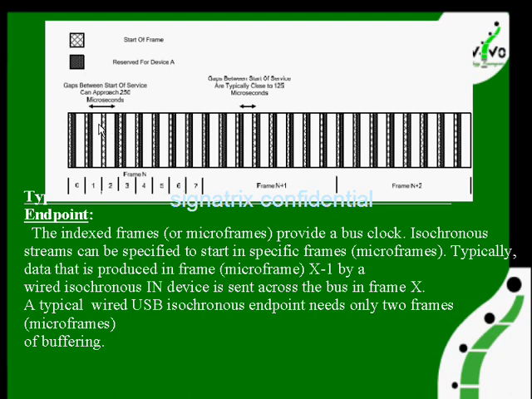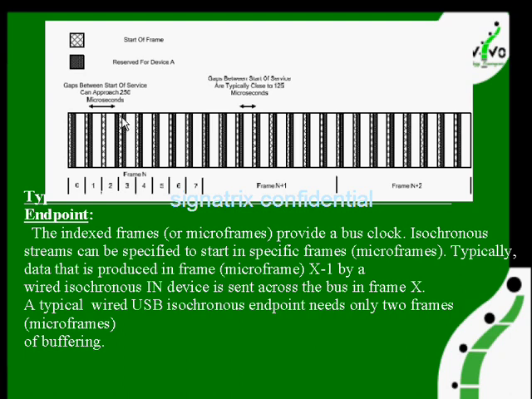Just look at this whole structure. In this we have 3 frames. Here the host has allocated some period for servicing, and in the next microframe it has not allocated anything. At the end only it is allocating.